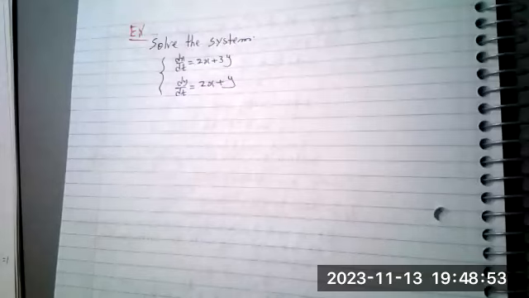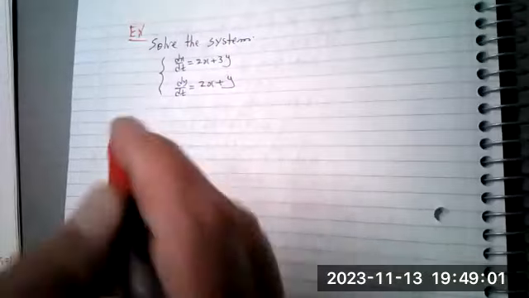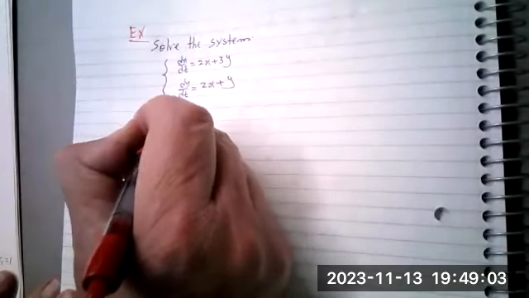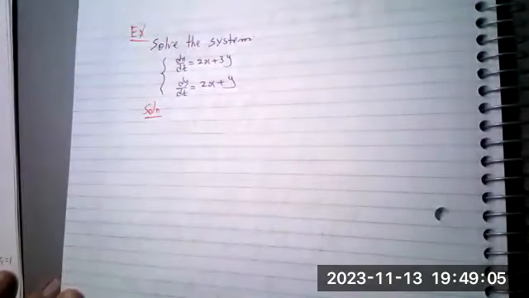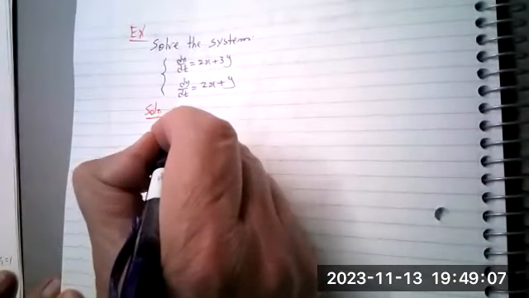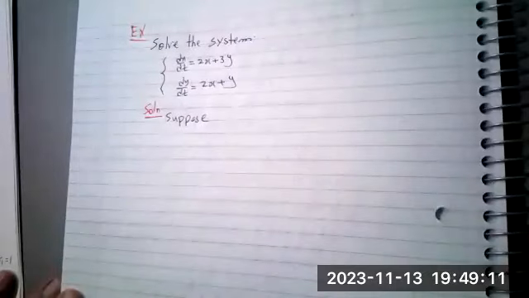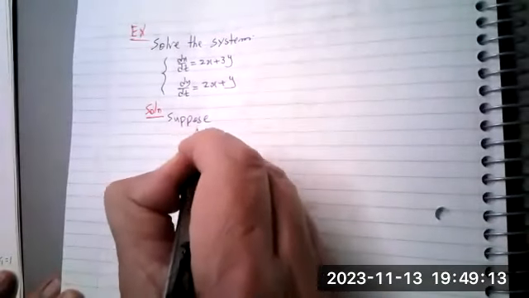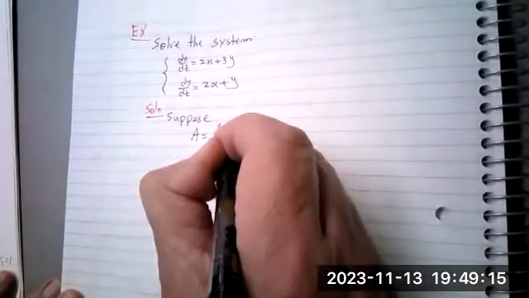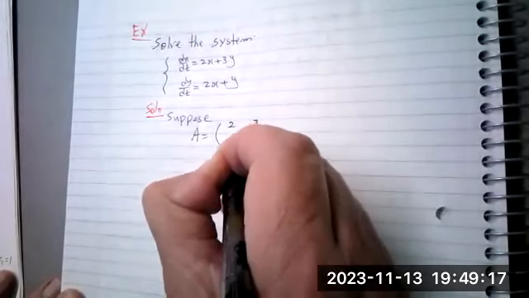We're going to introduce A and X, and change it into matrix form, the standard notation. Suppose A, what's going to be A? 2, 3, 2, 1.